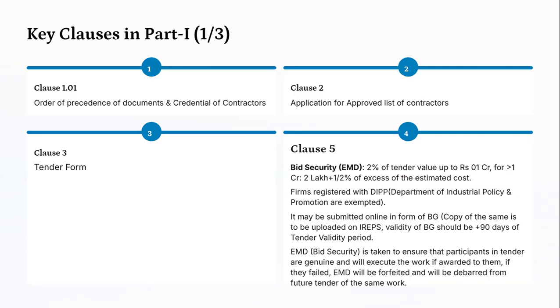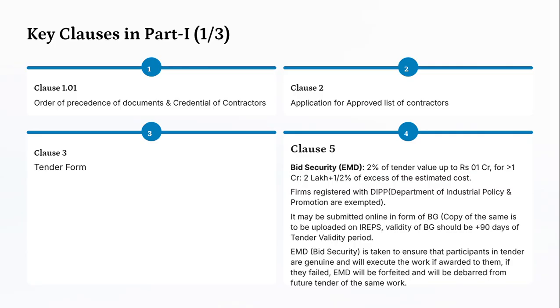And EMD, bid security, is taken to ensure that participants in tender are genuine and will execute the work if awarded to them. If they fail, EMD will be forfeited and they will be debarred from future tenders of the same works. The MSME certificates are not eligible for the bid security exemption or EMD exemption.